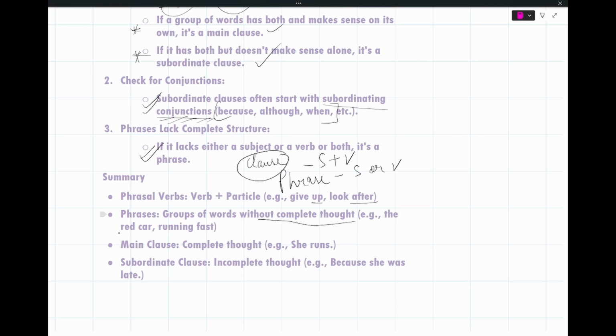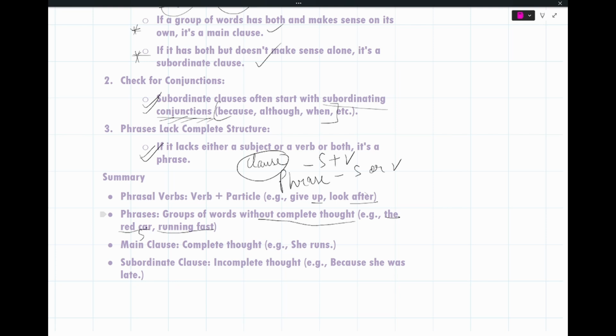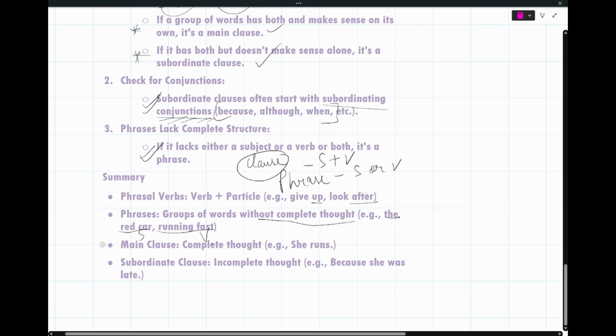For example, the red car or running fast. The red car only has the subject, which is car, and you can break it down into adjective and noun. Then running fast is a verb phrase, because running is your verb and fast is the adverb.